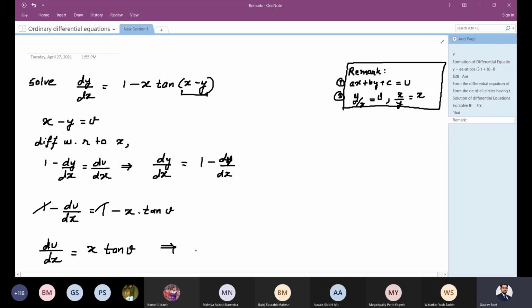Now this will become du upon tan u is equal to x dx. Now this is variable separable form. Once we get variable separable form, start integrating.